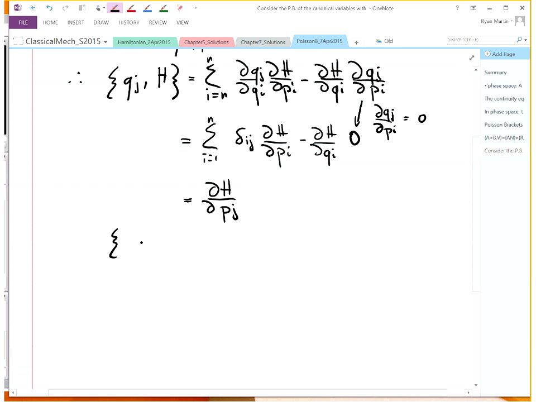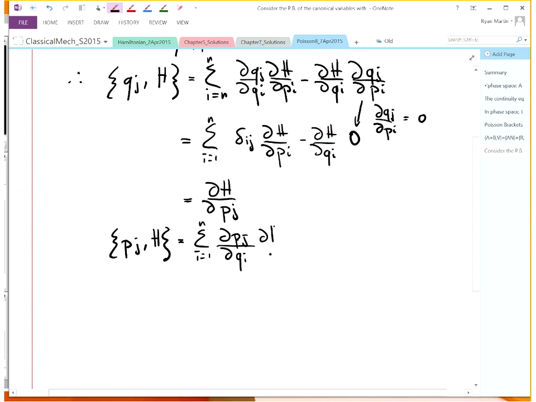Okay, so let's do now the other one, and then we'll observe something. So let's do pj, the other canonical variable, with H. So that's the sum, i equals 1 to n.